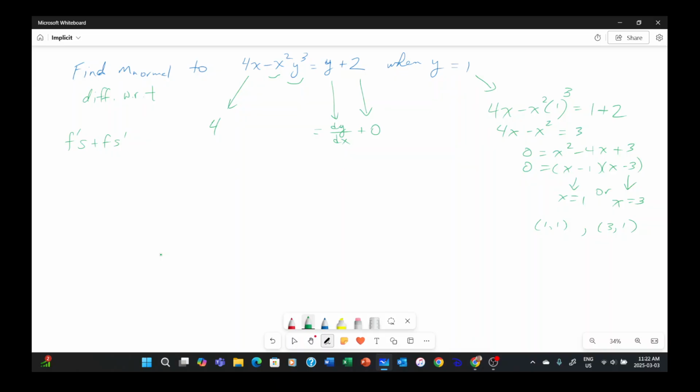But watch out for this negative sign. So I'm going to incorporate the negative sign into my first function and just watch out. So the derivative of negative x squared is negative 2x times the second left alone, which is y cubed, plus the first. So watch out here, this is actually negative x squared because I'm adding the first, but the negative sign is part of it, times the derivative of the second.